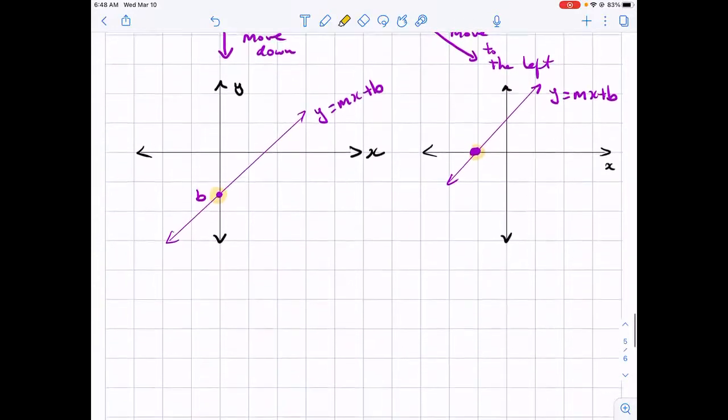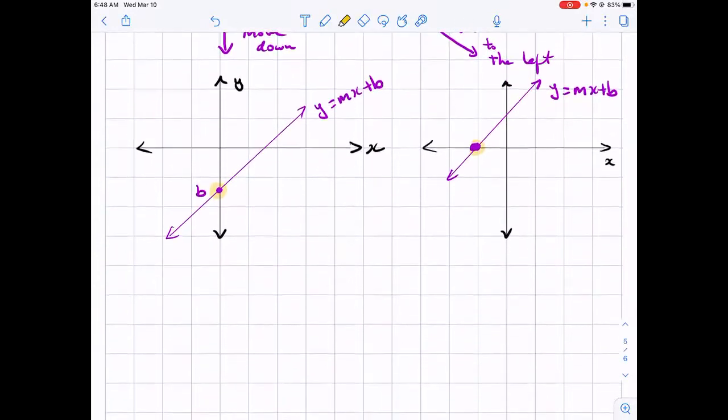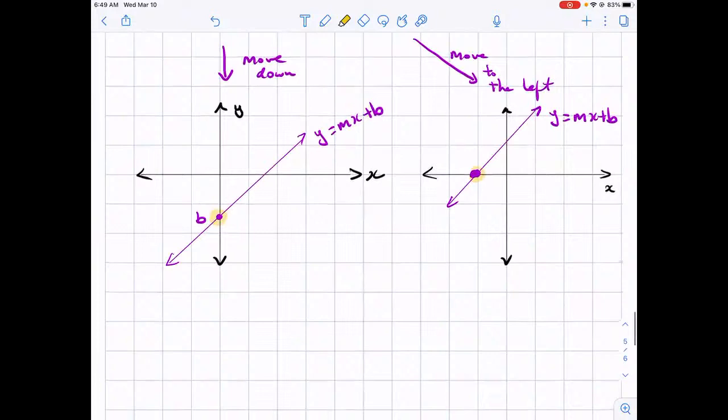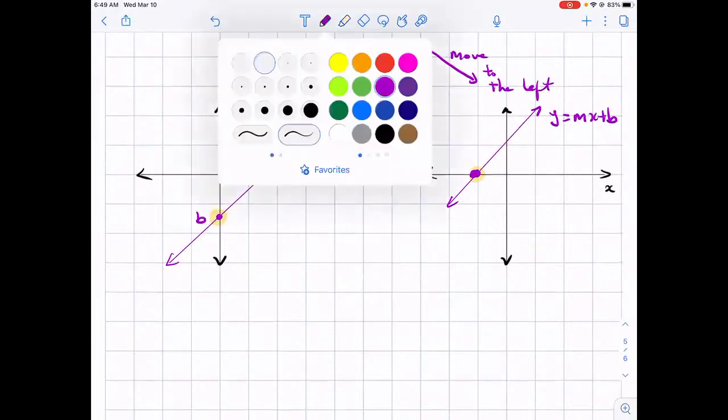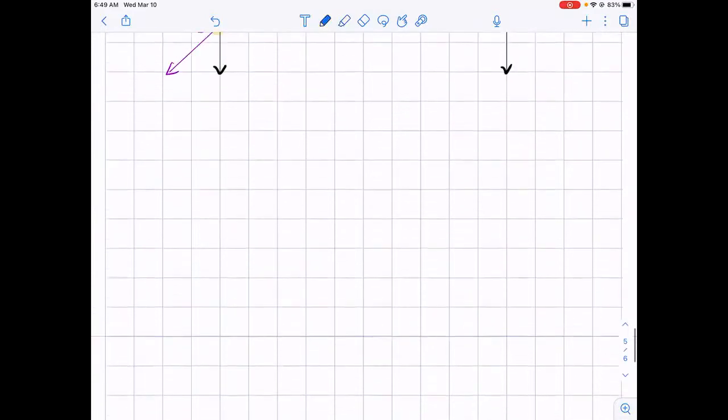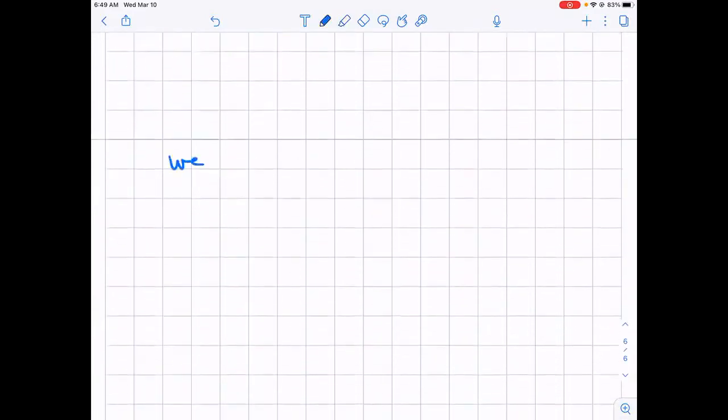So in this chapter, we have a bunch of functions that we would like to look at. A variety of functions. So we have a list of common functions, and those are called the parent functions.